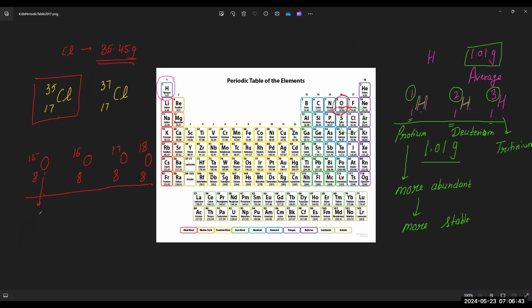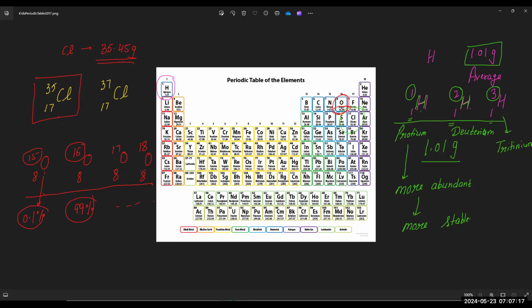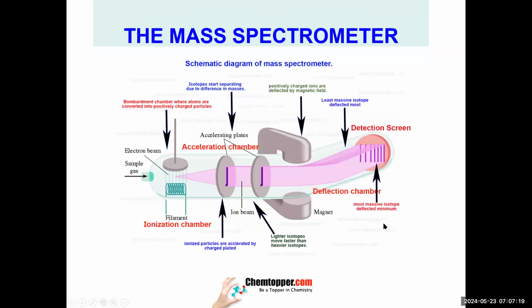Let's say this 15 is 1%, this 16 is 99%. Or this can be taken as 0.1%, and the rest of the percentages are divided here. You take this percent multiplied by its mass, this percent multiplied by this mass, and similarly for the others, add all of them and divide by 100. So this is what we are going to learn. The atomic masses in the periodic table are average atomic masses.